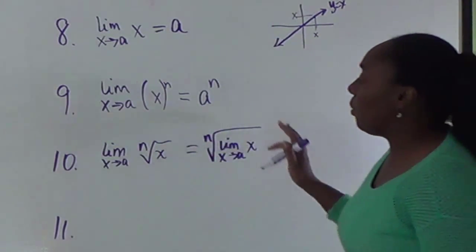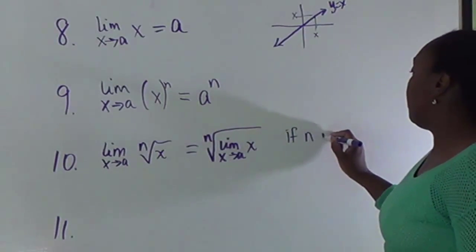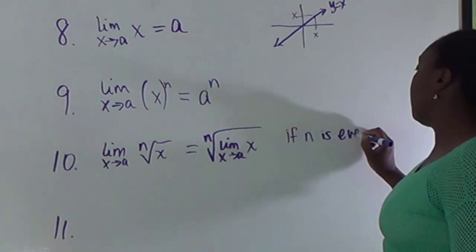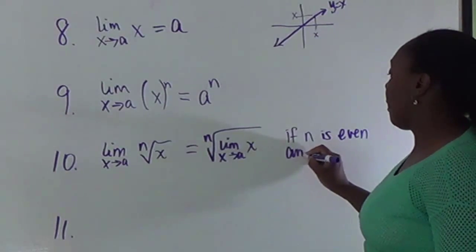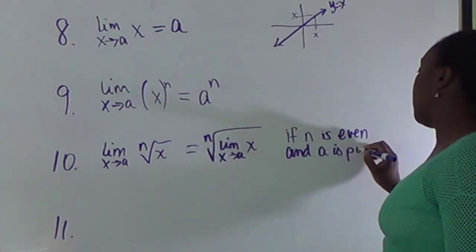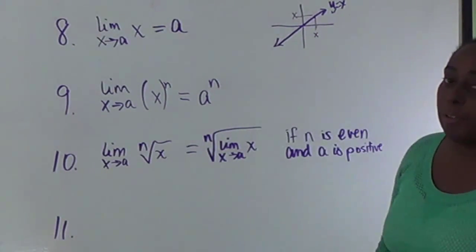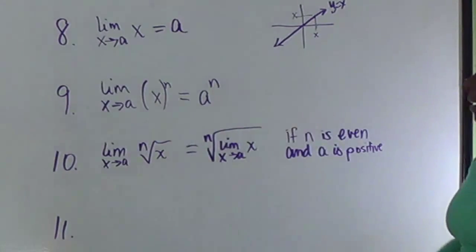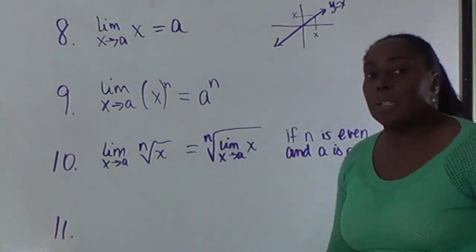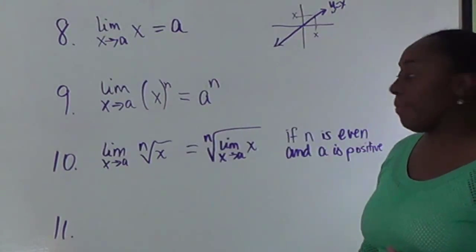Now this one will only work if n is even and a is positive. So we need the a to be greater than 0, and we need the n to be even, and that's because that's when our root is going to give us a real valued answer.